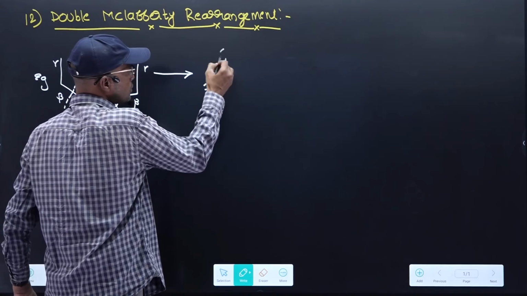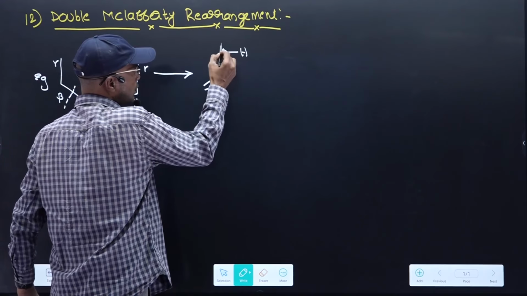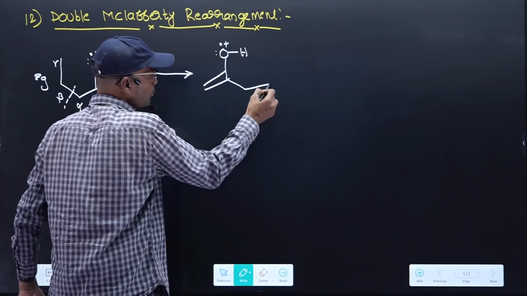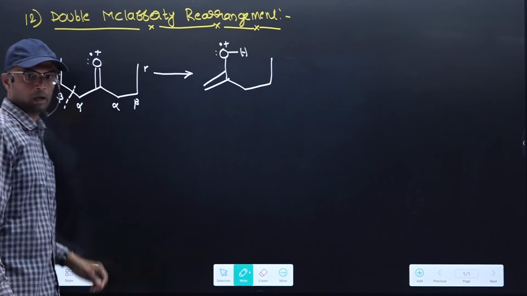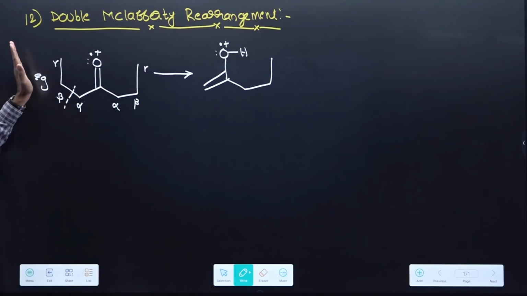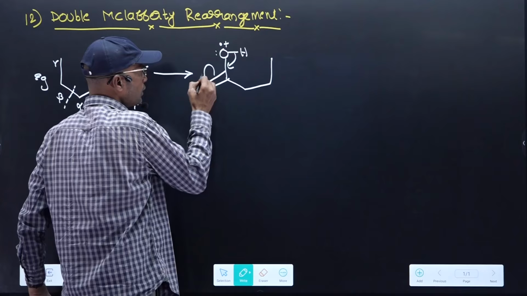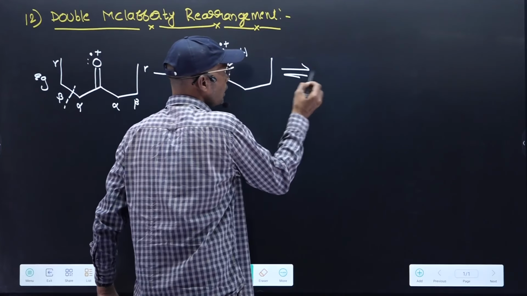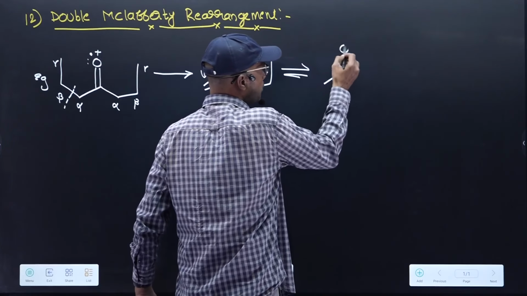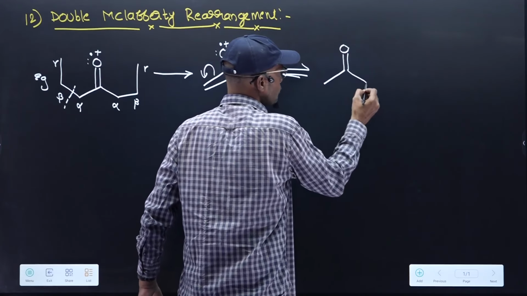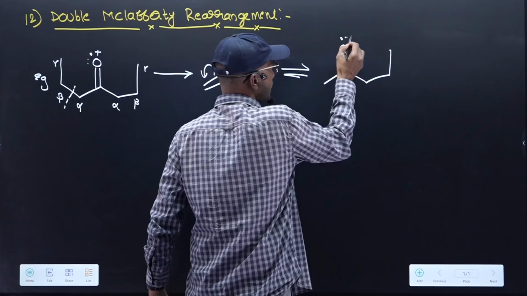Double bond, and this is OH, and here radical cation. I am not writing this double bond. This part I am removing. This undergoes tautomerism. Every time enol undergoes tautomerism. After tautomerism, you will get a double bond, and this is alpha, beta, gamma, and radical cation like this.